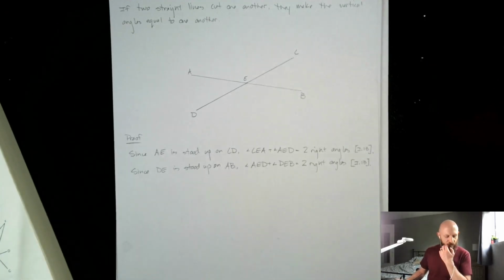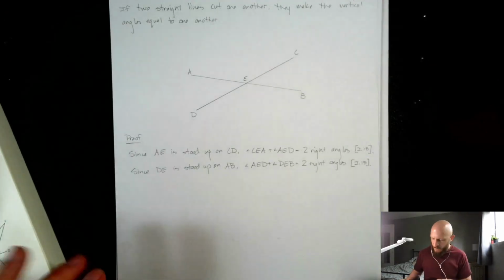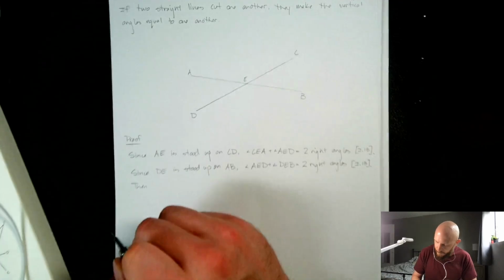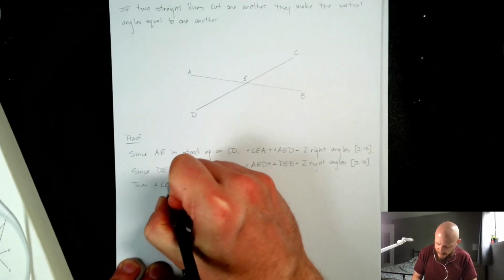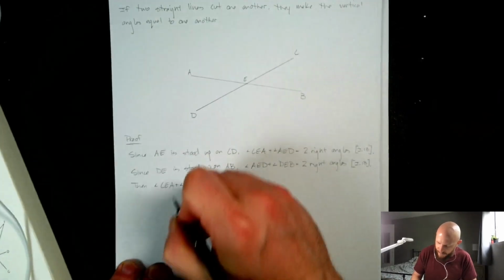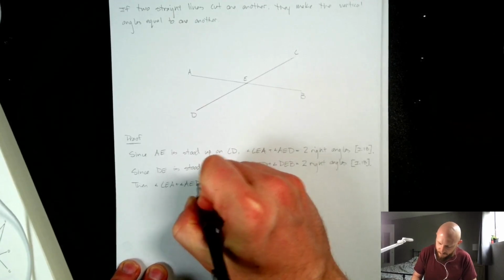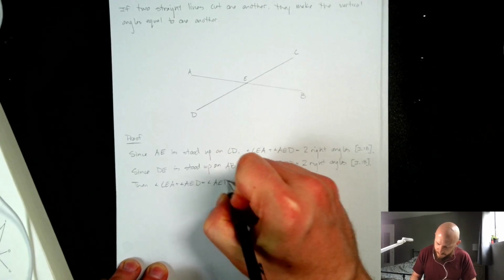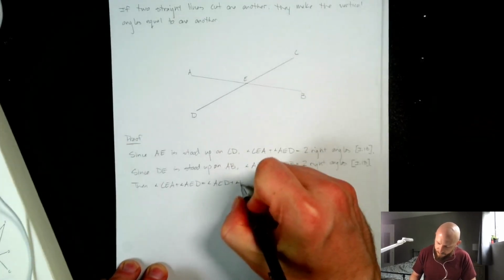Well, equals are equal to equals, so common notion 1, we would have that angle CEA plus angle AED equals angle AED plus angle DEB.